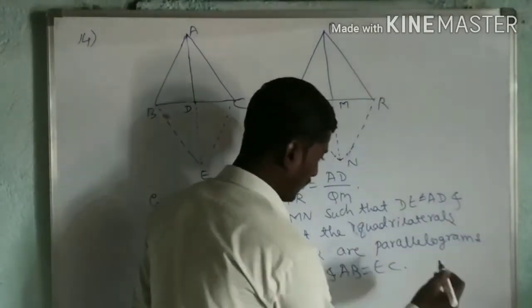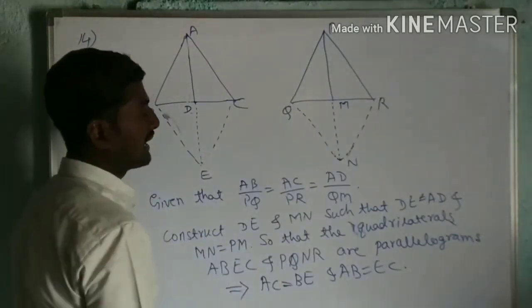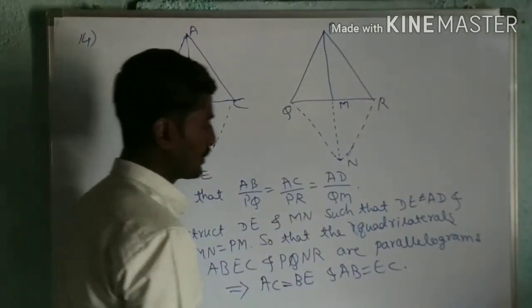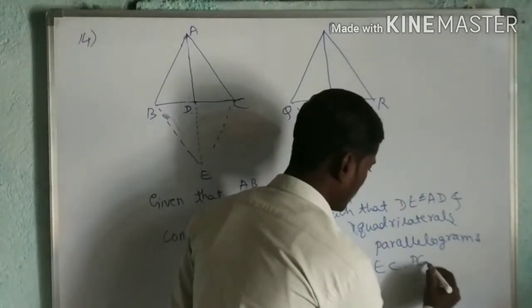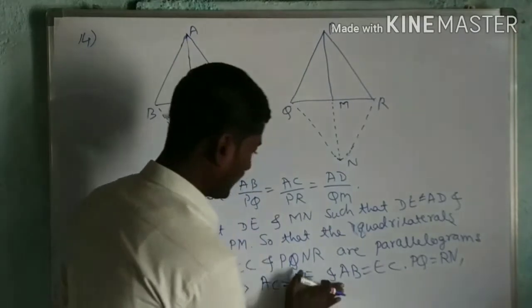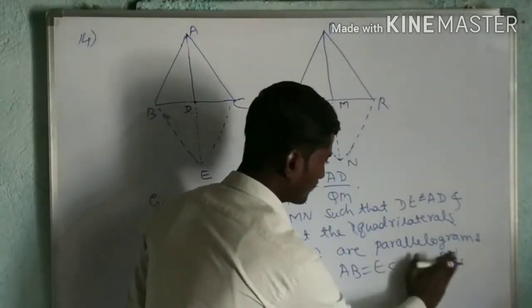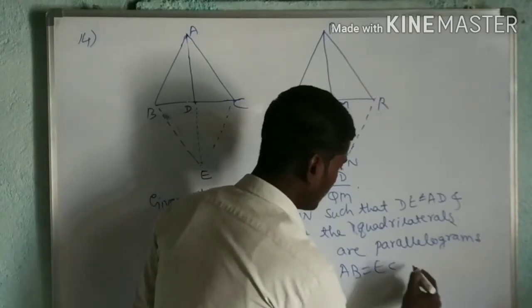And full stop. Again same here. PQ is equal to RN. Here I will write a comma. Here I will write and.